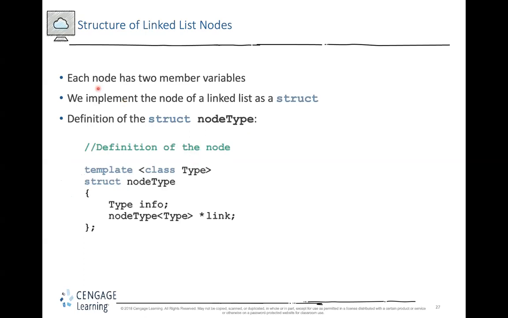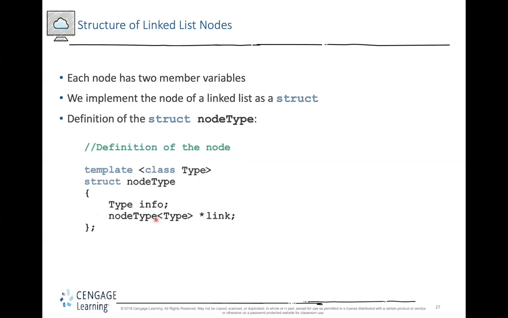So as we defined in the beginning, the structure of a node has two member variables. And over here, we are looking at a template structure. So previously we looked at just integers.